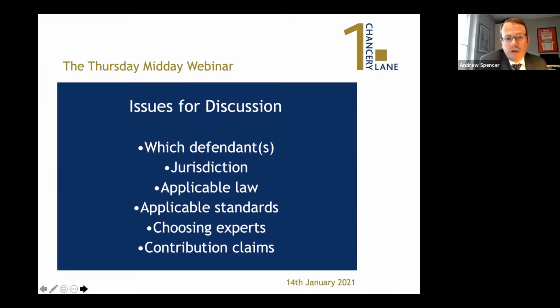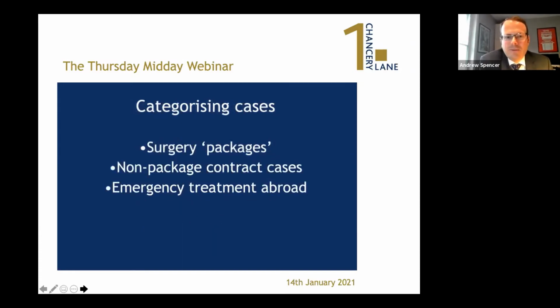And then that feeds into the question of choosing experts. We also have issues of applicable law, which is the applicable law against which defendants. And then finally, quite a complicated issue, which is contribution claims, which happily Dom, rather than myself, is going to be dealing with. Now, if I can just advance the slides, many thanks.